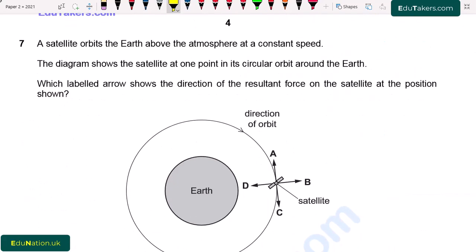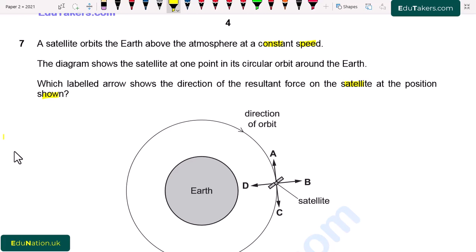Question number 7. A satellite orbits the Earth above the atmosphere at constant speed. The diagram shows the satellite at one point in its circular orbit around the Earth. Which labeled arrow shows the direction of the resultant force on the satellite at the position shown? Here we can see that this satellite is moving in the orbit around the Earth and its speed is constant.